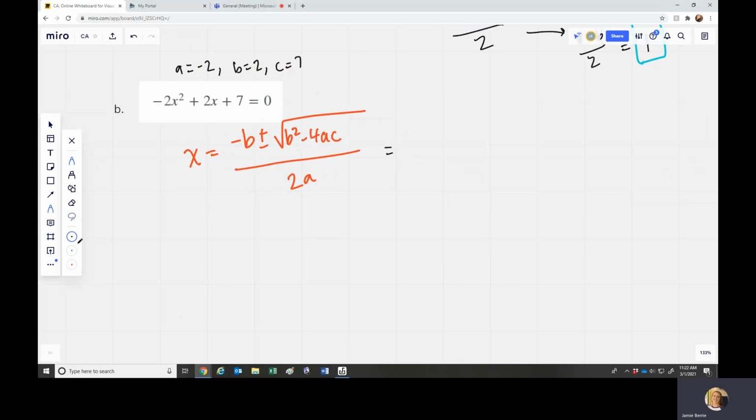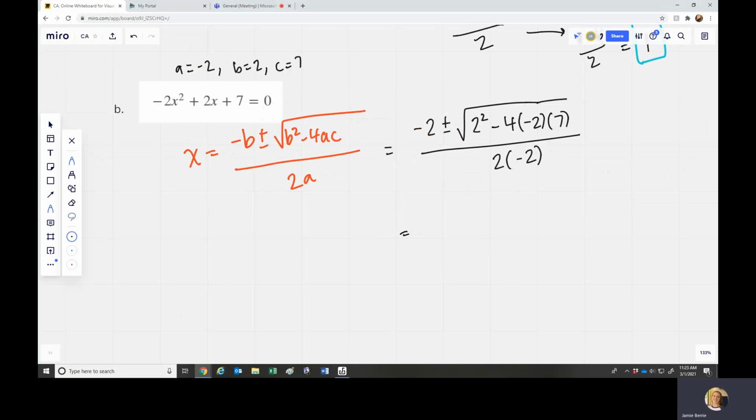Negative b would be negative 2 plus or minus the square root of b squared, so that's 2 squared, minus 4 times a, which is negative 2, times c, which is 7, all over 2 times a, which is 2 times negative 2.